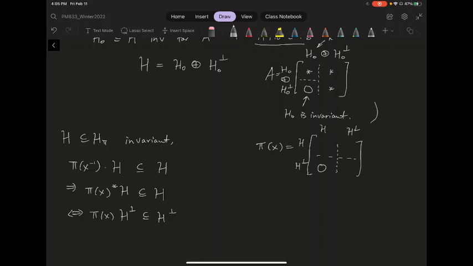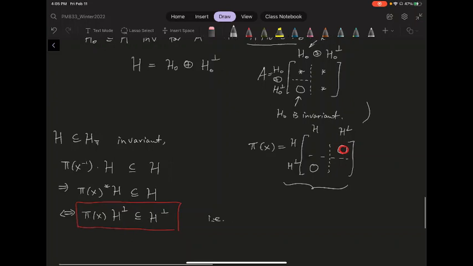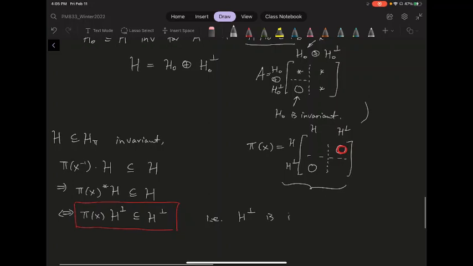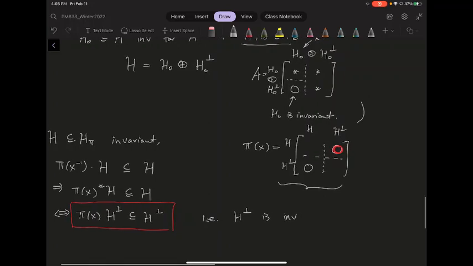When you take the adjoint of this 2x2 operator matrix and H is still invariant, that's essentially saying this corner is also equal to zero. Let me maybe change the color. So this corner is also equal to zero, which follows from H perp also being invariant. In other words, whenever you have something that's invariant, its perpendicular space is also invariant for this π.